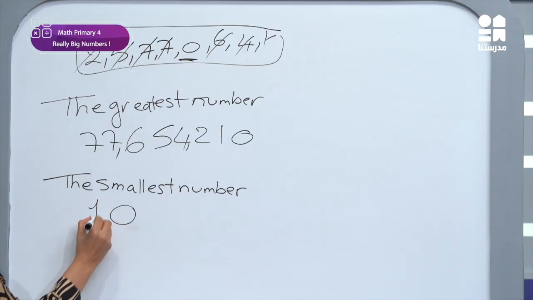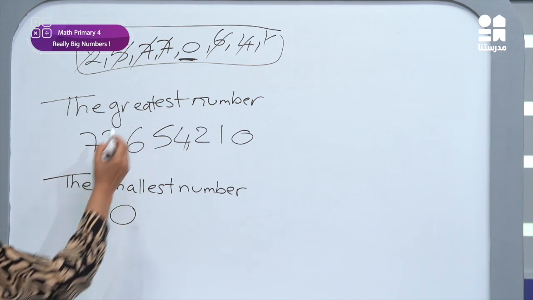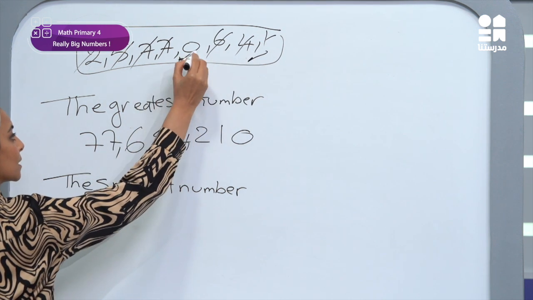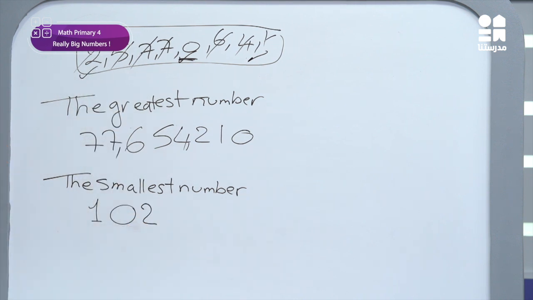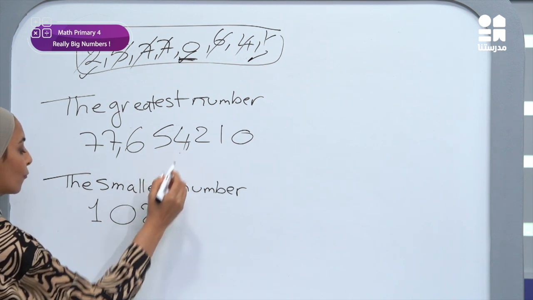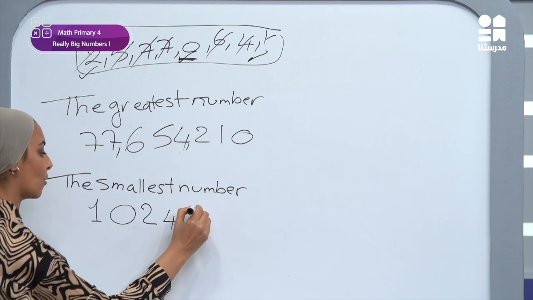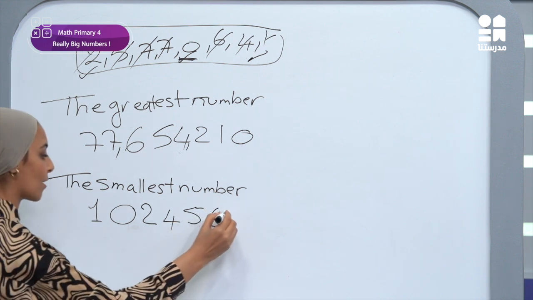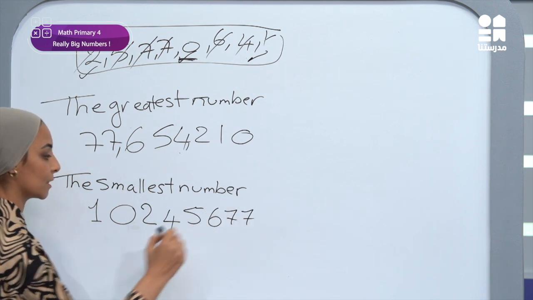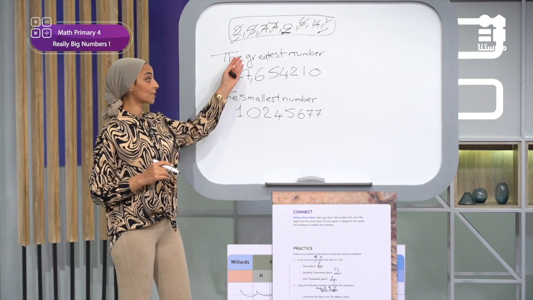Yes, I will start with 1, then 0, and then 2. Which number is bigger than 2? Yes, as you see here, 4, and then 5, and then, of course, 6, and then I will write 7, and finally 7. And this is the smallest number I can form using these digits.